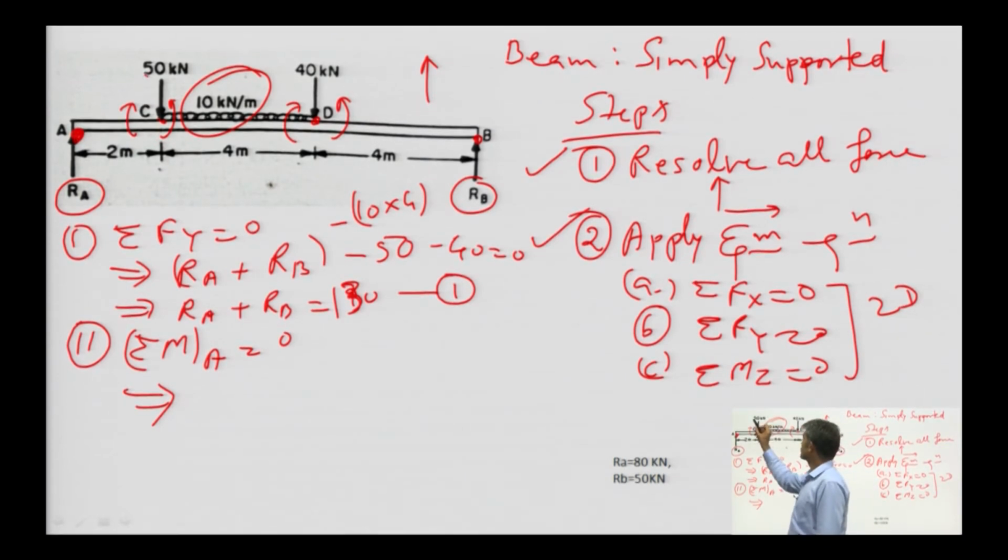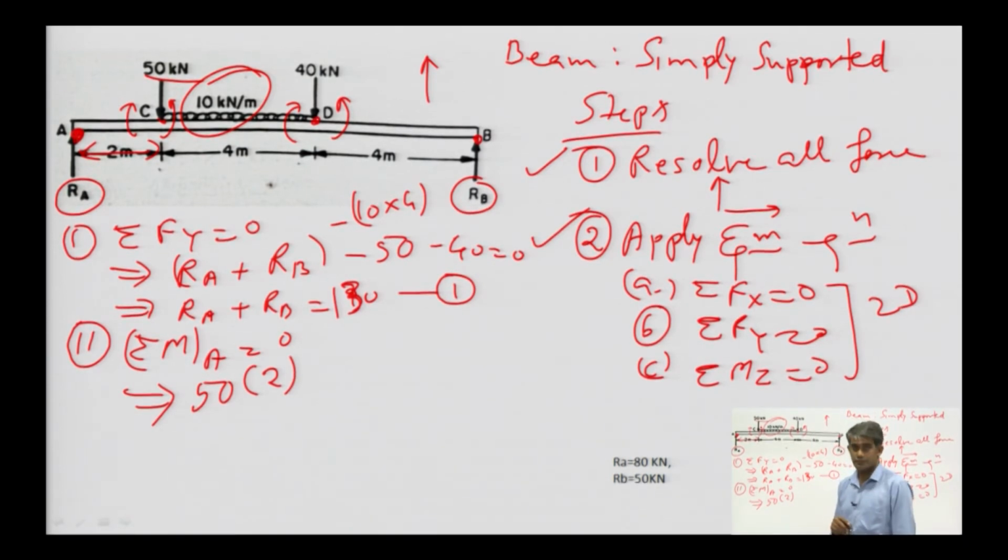Come to next force, 50. So, the moment about point A is 50 into perpendicular distance. It is shown that this distance will be taken as perpendicular. What is the value? 2.